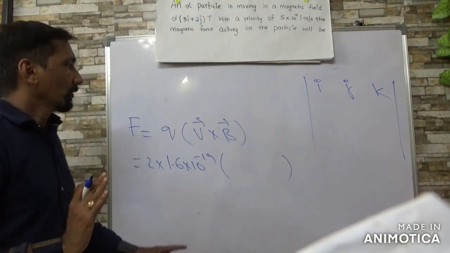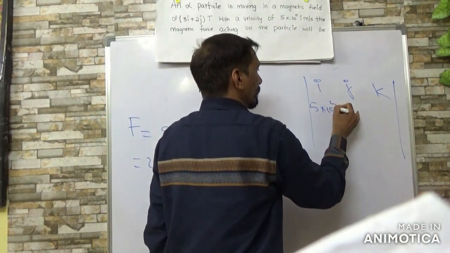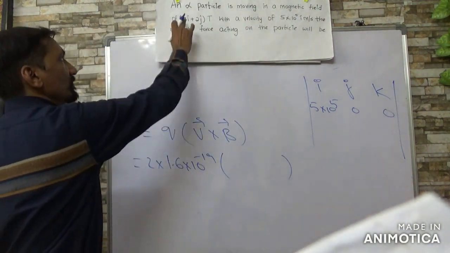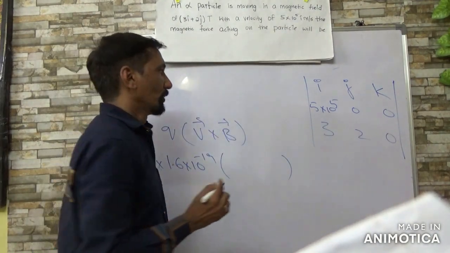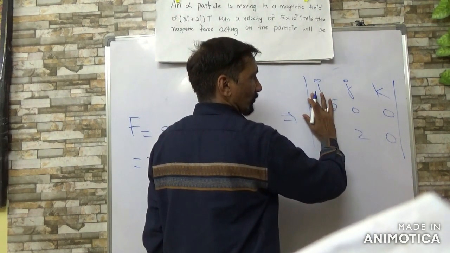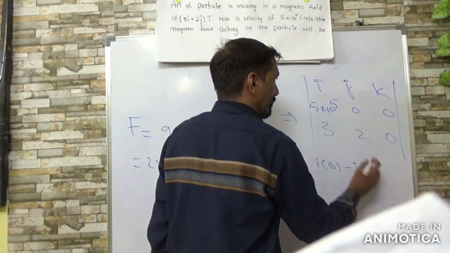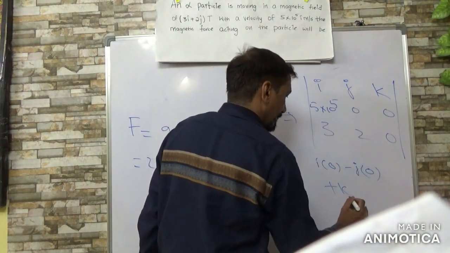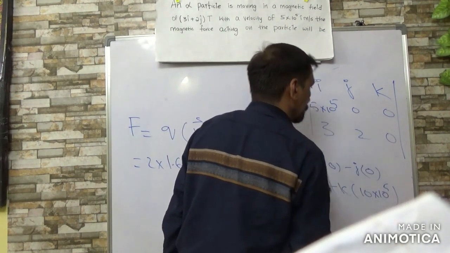First you are taking V. Right? So 5 into 10 power 5, that is the I component now. Cross B. So 3, 2, 0. Right? So how to find the cross product. When you are taking I, the I column must be closed. 0. Right? Minus J of 0 plus K of 10 into 10 power 5 now.